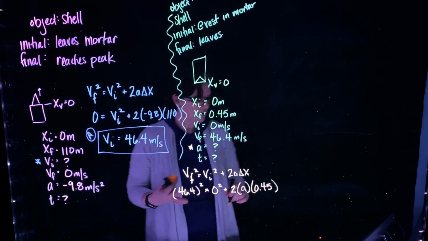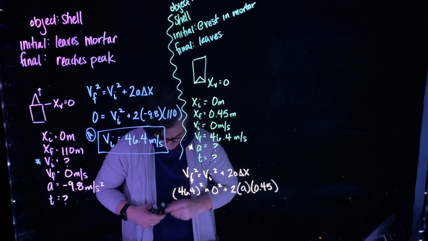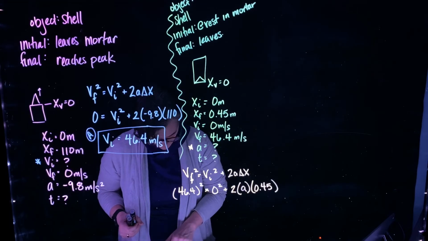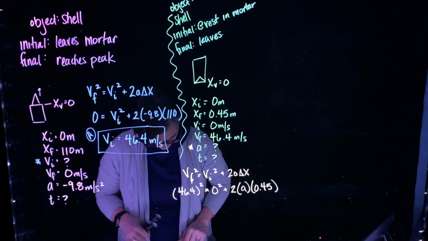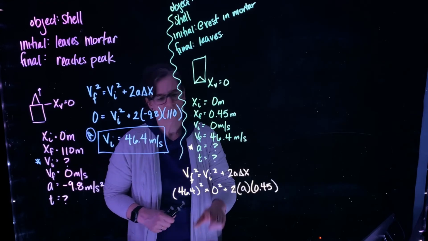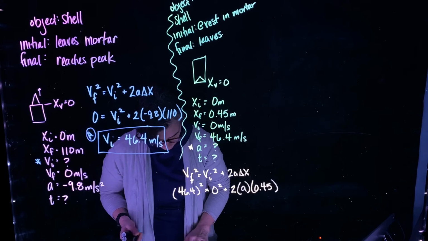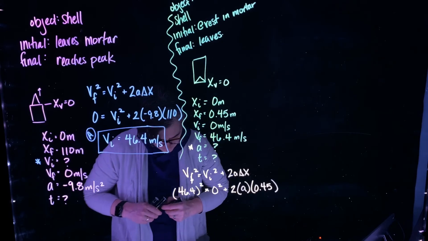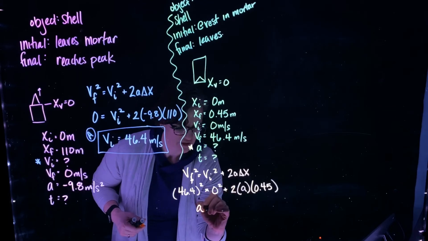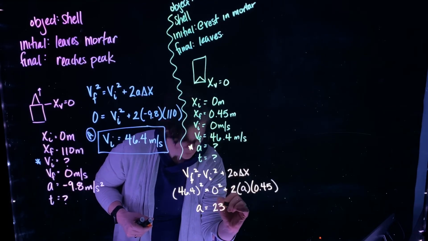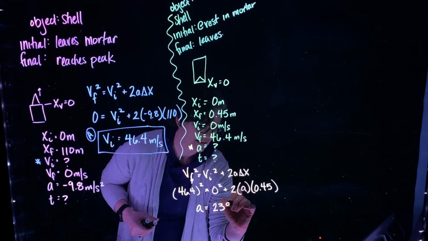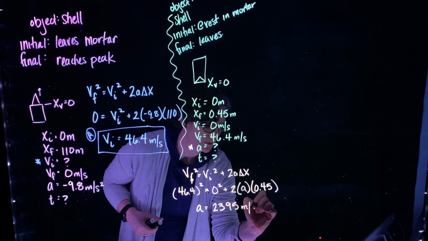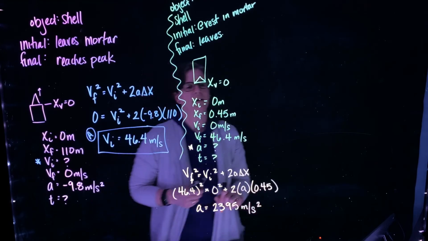And so if I solve for the acceleration, we have 46.4 squared, and then I divide it by 2 and divide it by 0.45. And I get an acceleration equal to 2,395 meters per second squared.